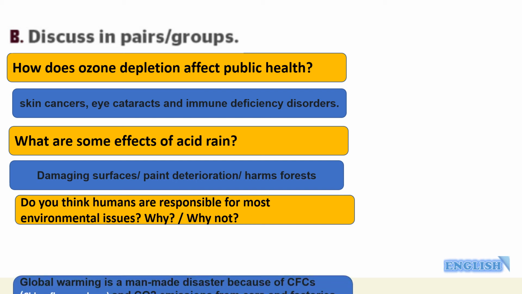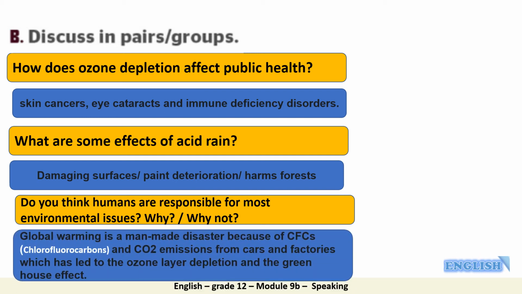Yes, we can say global warming is a man-made disaster because of CFCs, chlorofluorocarbons, and carbon dioxide emissions from cars and factories, which have led to ozone depletion and the greenhouse effect. So human beings are responsible for most environmental issues.